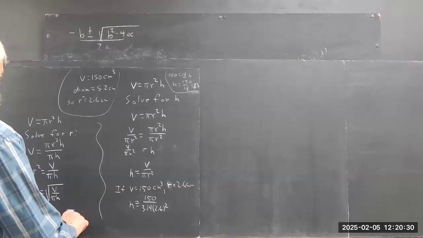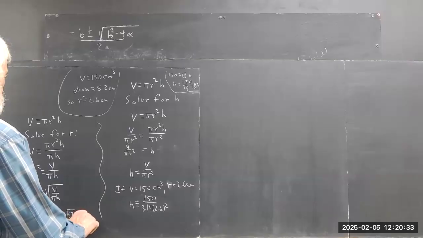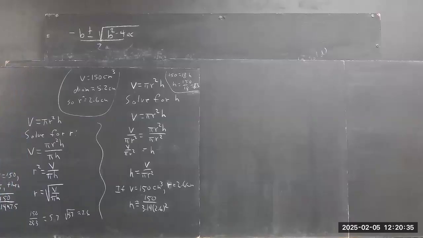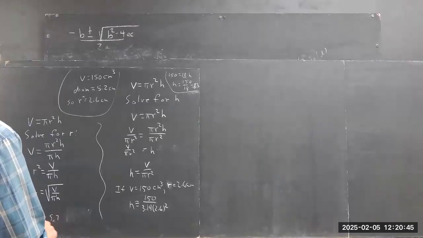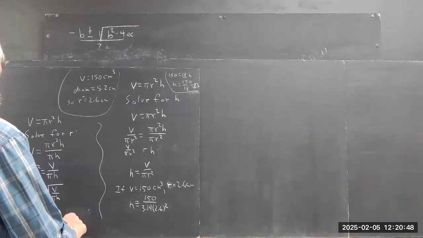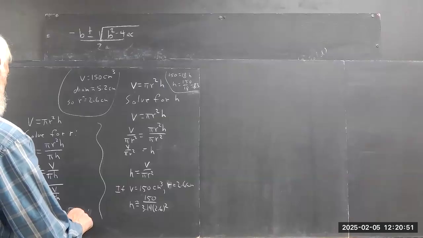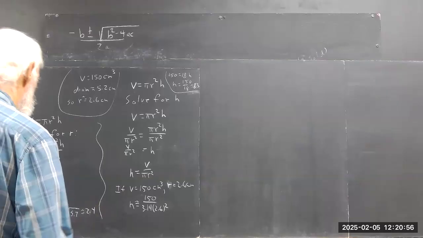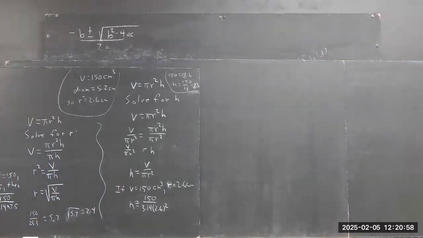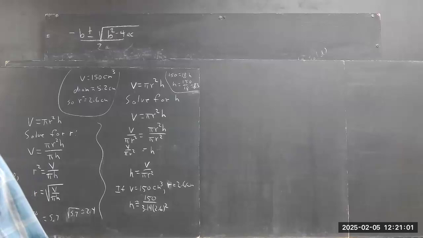So part of 57 is approximately 7.6. So that comes out pretty. No, wait, it's not 57. It's 5.7. Never mind. 5.7. The square root of 5.7. Approximately 2.4. Get a number? Hang on a minute. That's not what I want to do.